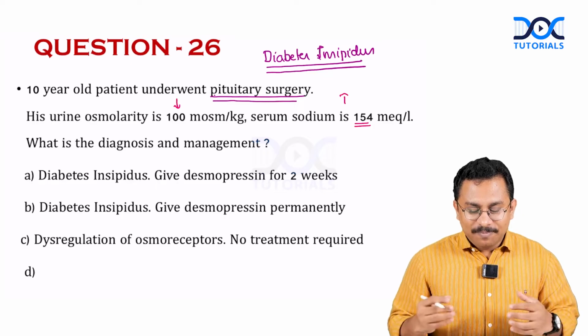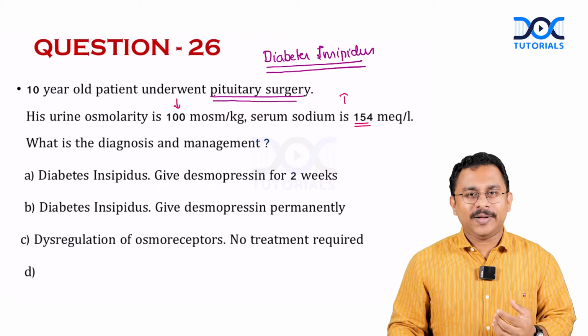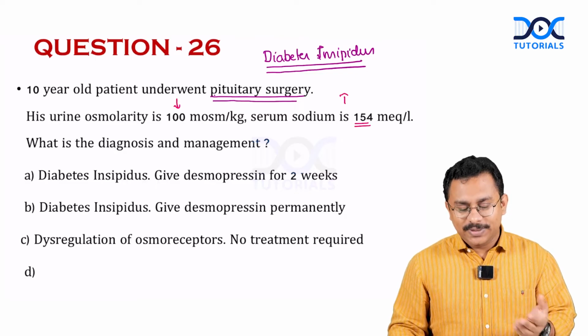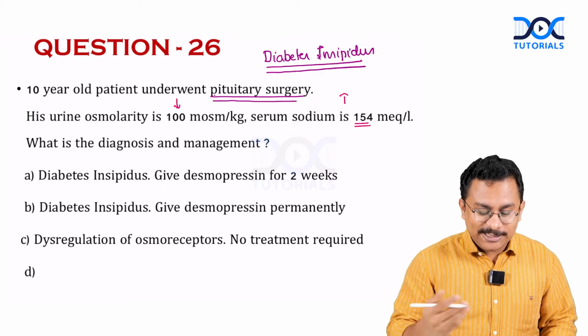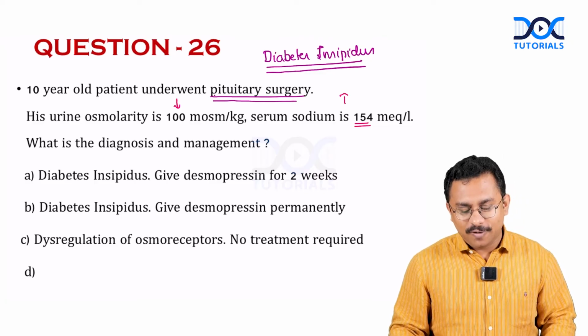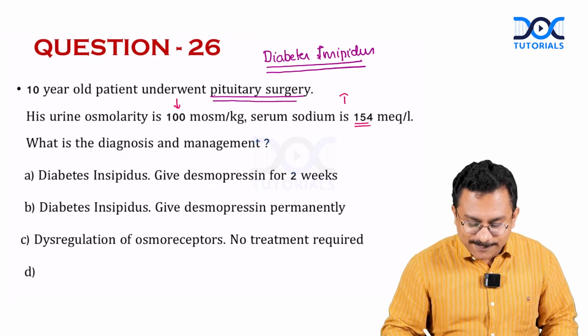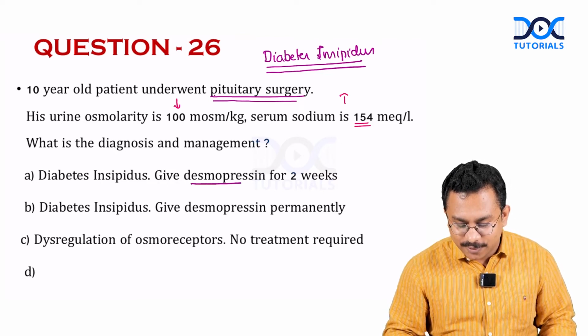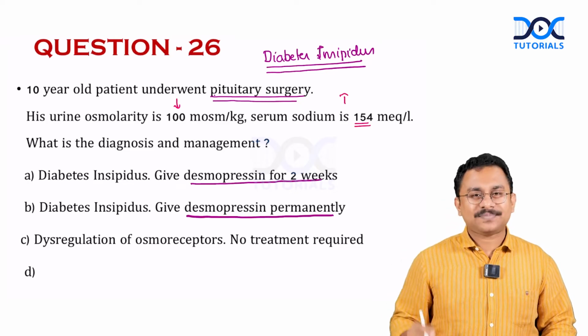Now, for the management part, you know that the synthetic analog of arginine vasopressin, which is desmopressin, is used in the treatment of diabetes insipidus. But the question is, should the desmopressin in this case be given for 2 weeks or permanently?